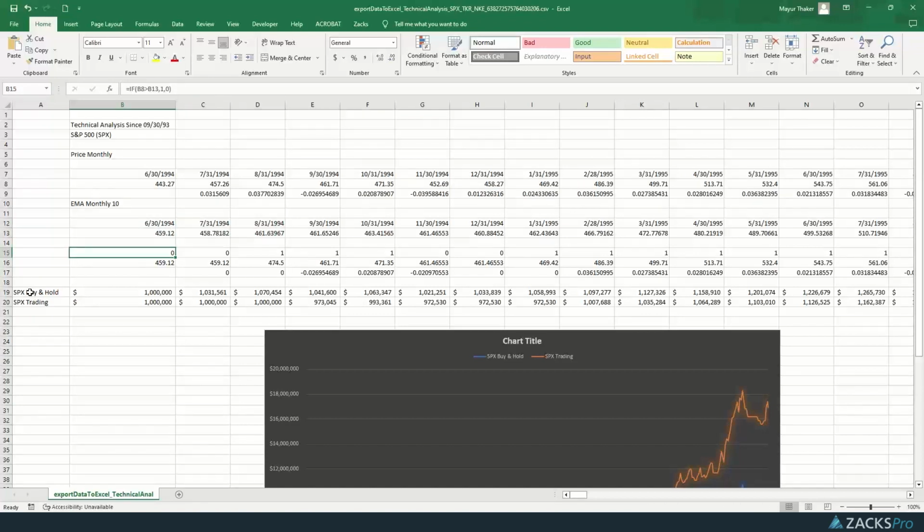And so here I have calculated the exact difference between just buying and holding a $1 million portfolio in June of 1994 and letting it compound over time, versus trading the S&P based on this 10-month moving average crossover.